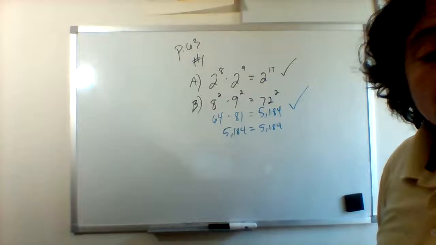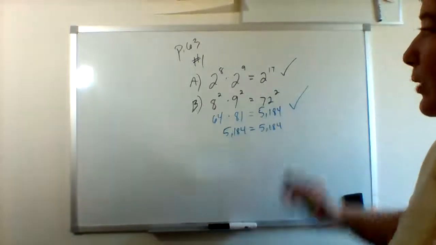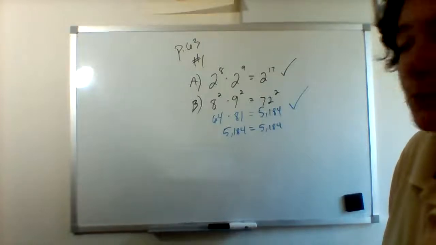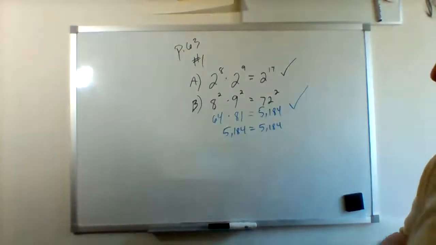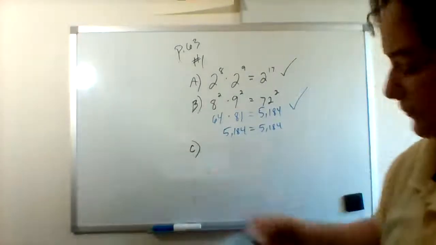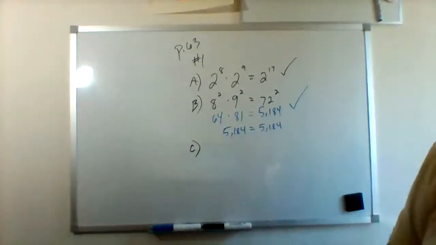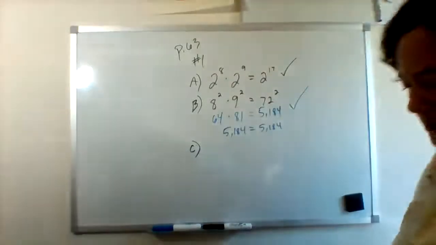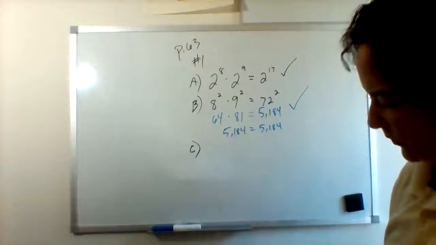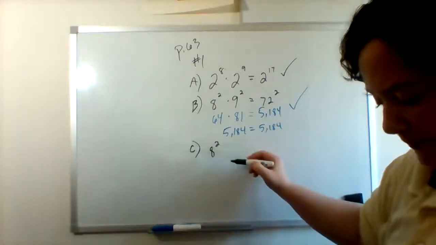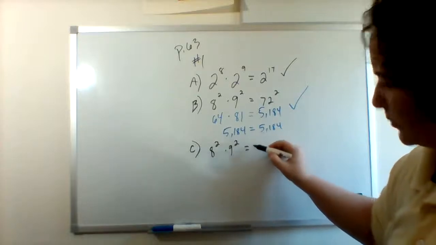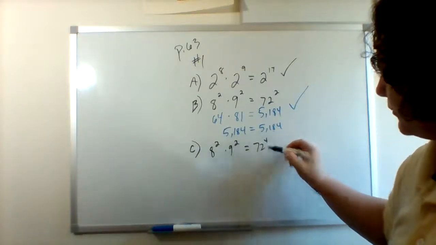If you remember the rule, then you can just say real quick, exponents are the same, so I multiply their base. That's acceptable. All right, let's take a look at C. C says 8 squared times 9 squared is equal to 72 to the 4th power.